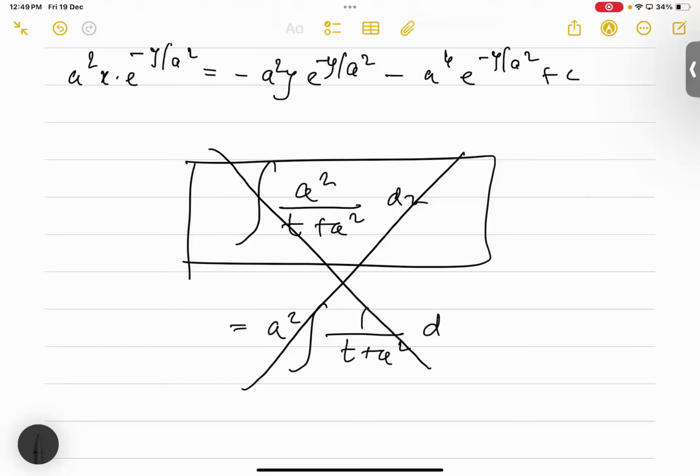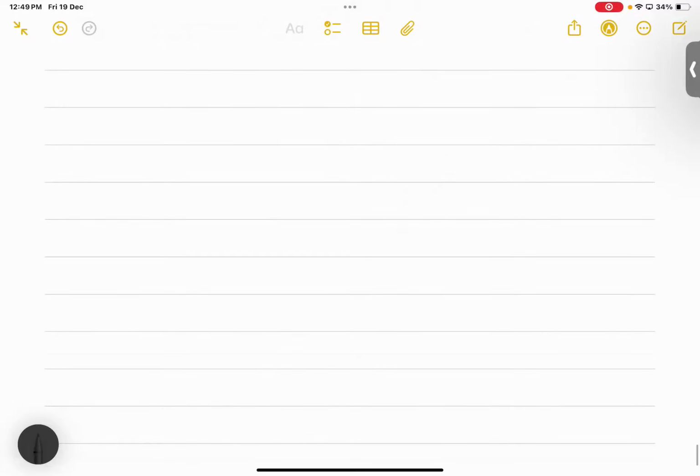Okay. Now the last two problems are left with respect to LDE that I will complete right now. Exercise 8.5, question number 8.